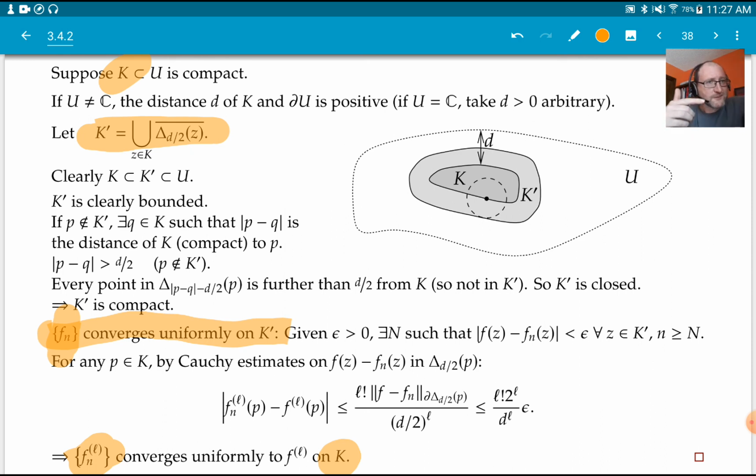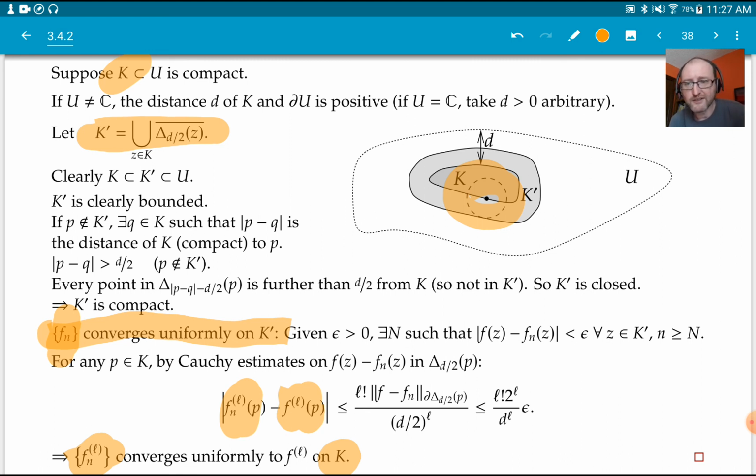When we differentiated the Cauchy formula, we had essentially an equation for these derivatives in terms of the values of the function on a little circle. And as long as that little circle stays inside some compact set, we're good.